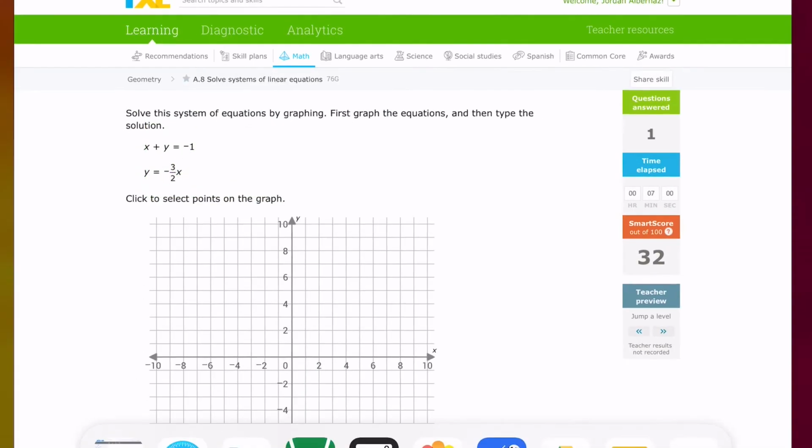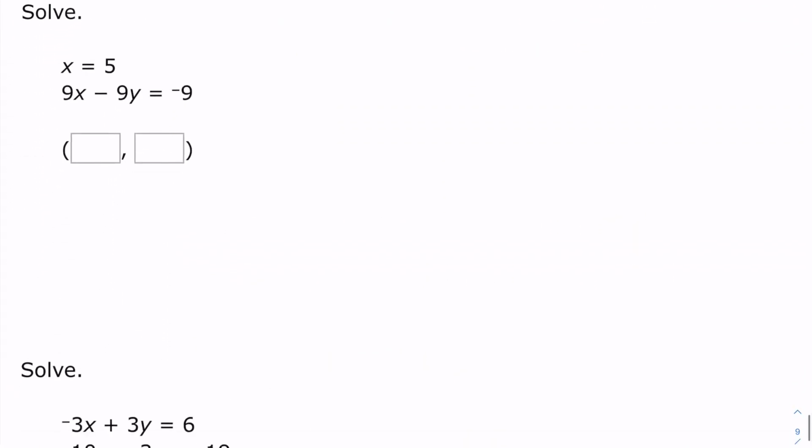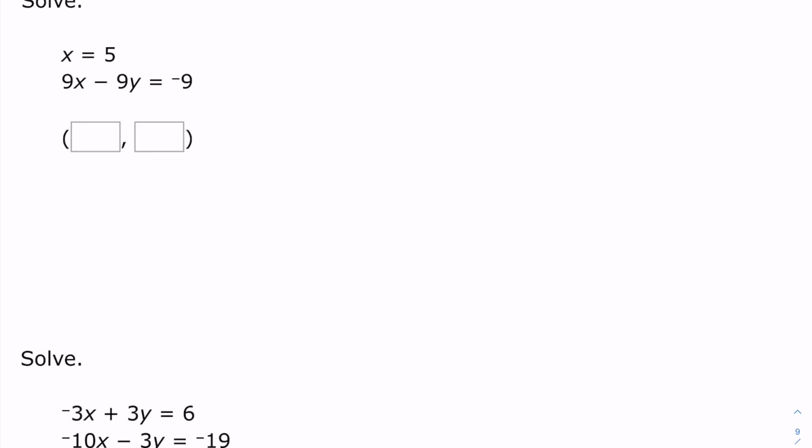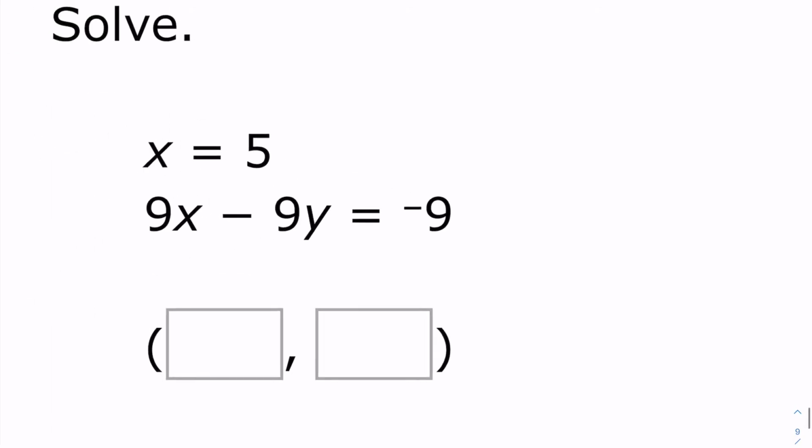All right, the rest of them are solving by substitution or elimination. So in this one right here, I gave you a problem where you already know what x is. X is 5, right? So x here is 5. That's already going to be the answer to this solution set. And what I did was I set it up really nice where you can use substitution.